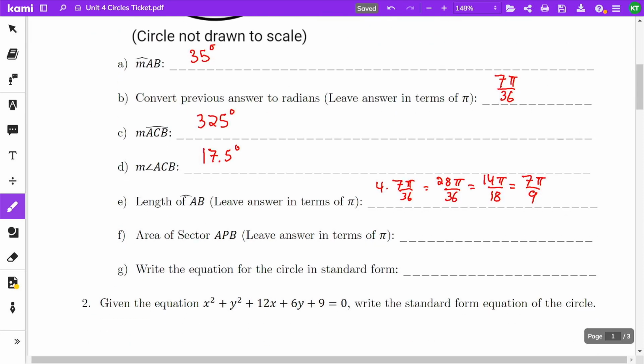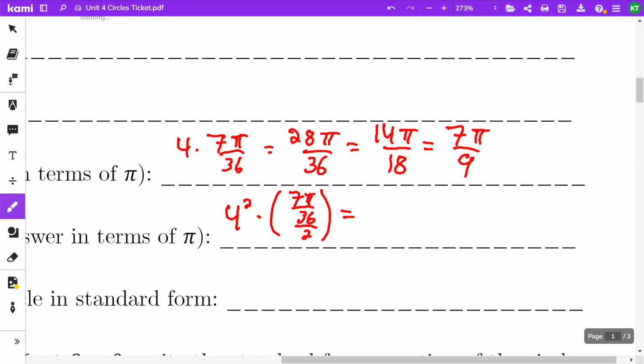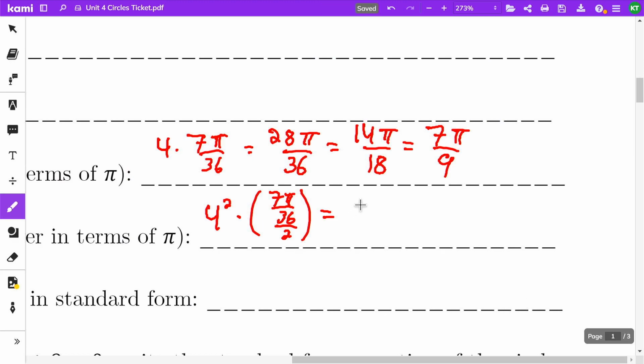So r squared is 4 squared, times theta, which we said is 7 pi over 36, divided by 2. I'll simplify that now. 4 squared is going to be 16, times 7 pi over 36, times 1/2, the same thing as dividing by 2.